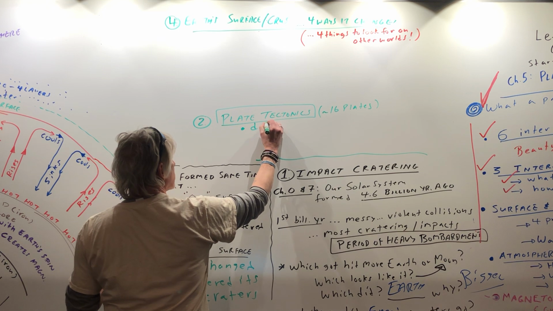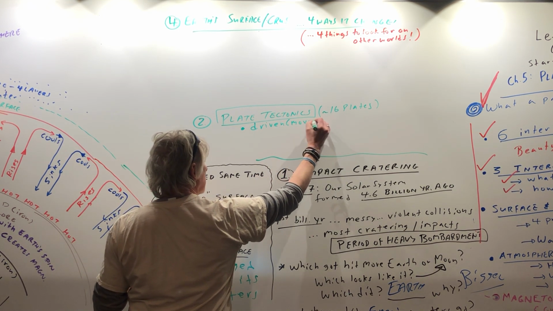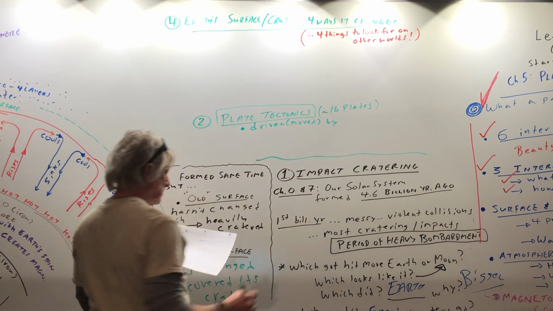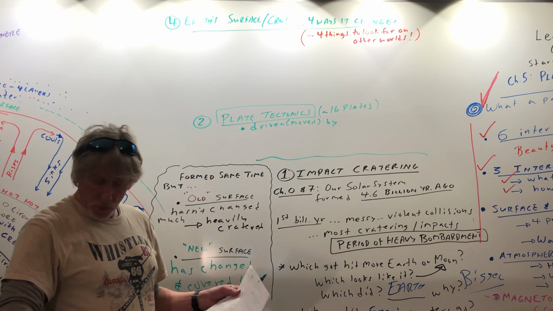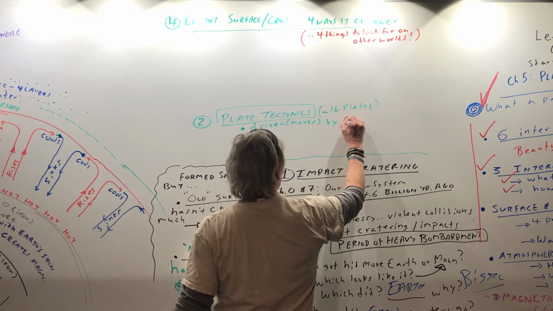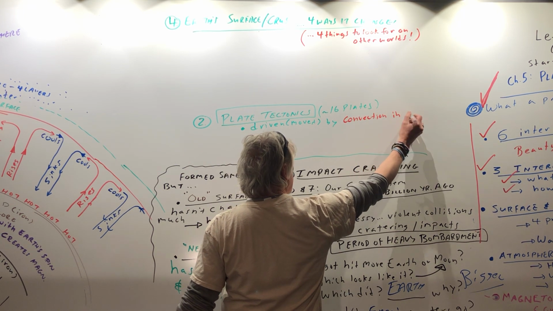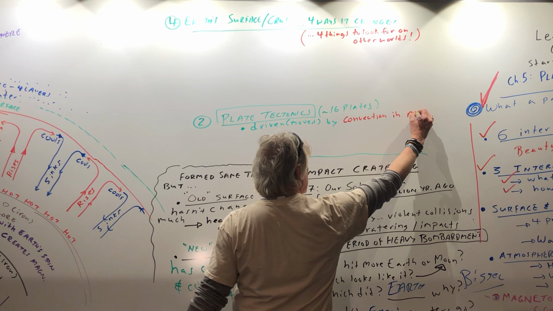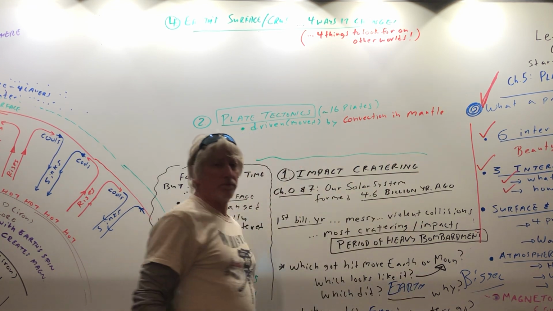And here's what's key, is that these plates are driven or moved by, pause and guess. Did you pause and guess? The convection, where? Pause and guess. In the mantle.